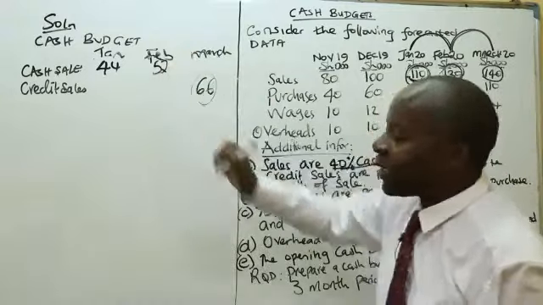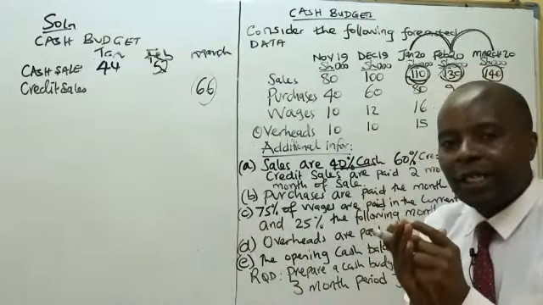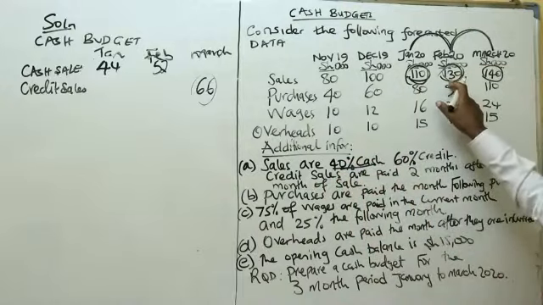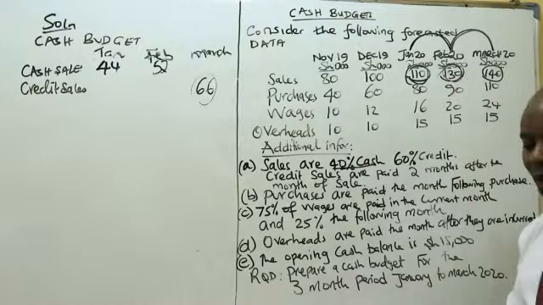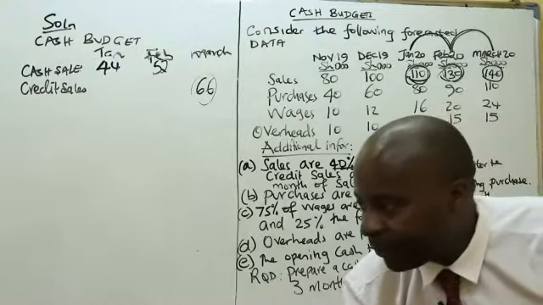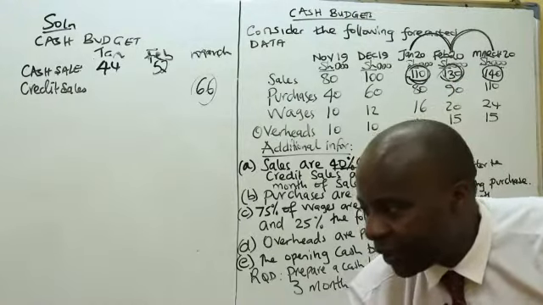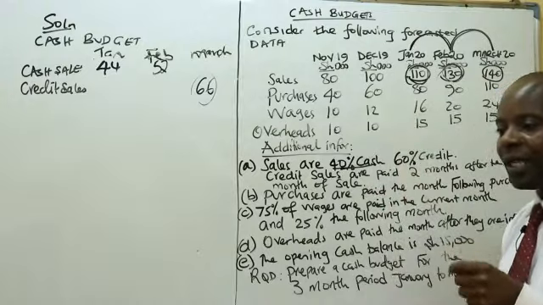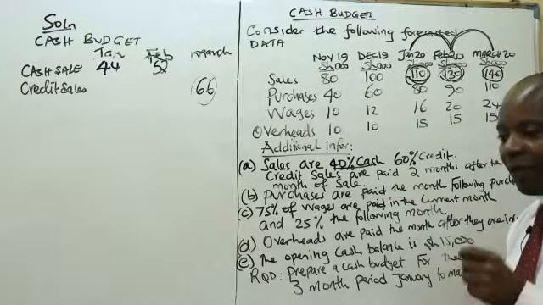Then what about the other balance? 60% of 130 will give me 78.